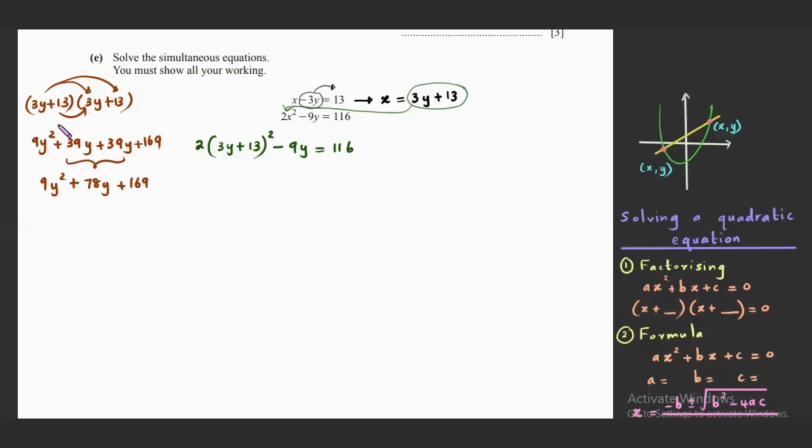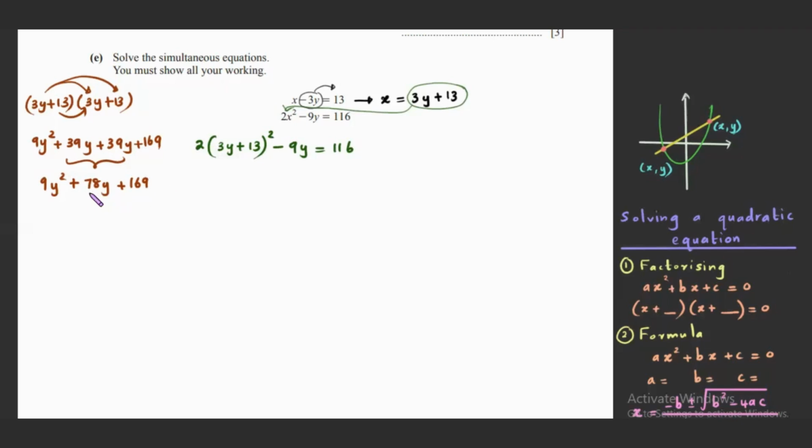Now, even if I don't do it on the side like this, I can directly find the answer as well. That is, this 3y plus 13 with a square means we first square the first term. So the first term inside the bracket is 3y. When I square that, I get 9y squared. Then we square the last term. The second term inside the bracket is 13. You square that, that becomes 169.